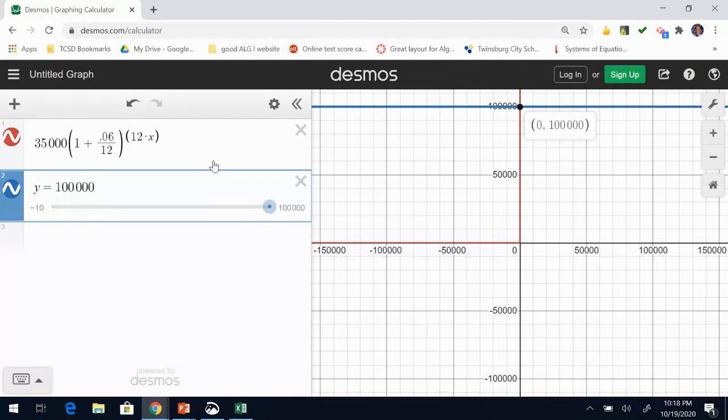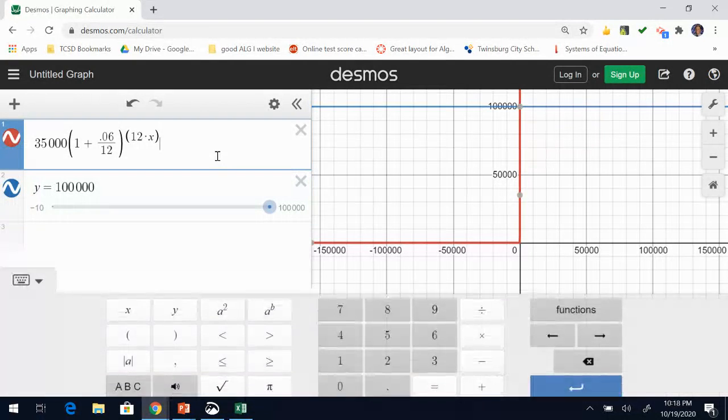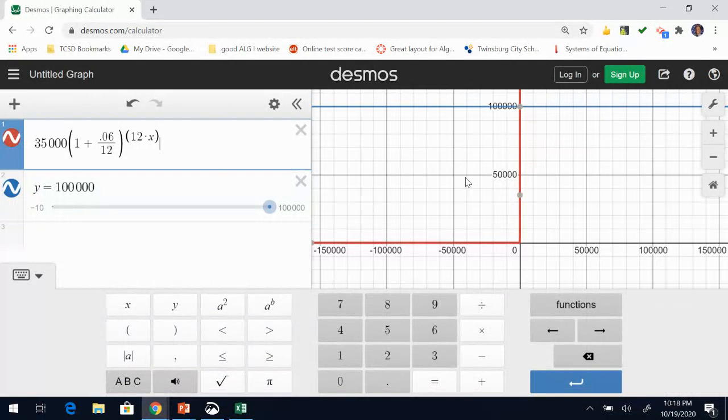It's 0. I'm going to click on this, and I'm going to do systems of equations of an exponential and a linear equation. If I click on this, what does this point tell me? It tells me 17.541 with 100,000.